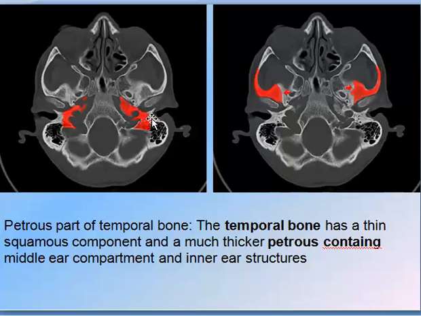Middle ear cavity and the inner ear structures are within this area, which is called the petrous bone, and this is the petrous apex, and this is the squamous part of the temporal bone. So the temporal bone has a squamous part, petrous part, and don't forget the styloid process and mastoid parts. So mastoid, petrous, squamous, and styloid process.